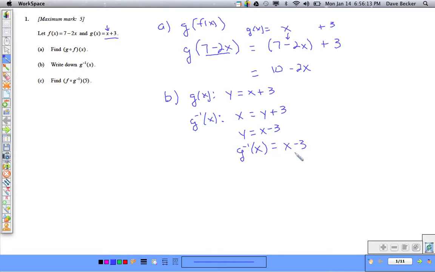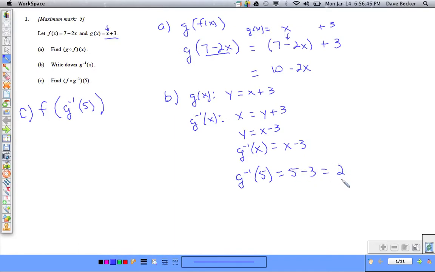No big whoop. And so now I have to find f of the inverse of g of 5. I always like to rewrite this because it's kind of confusing. Well, I have the inverse of g of x right here. So g negative 1 of 5 is equal to 5 minus 3, which is equal to 2.